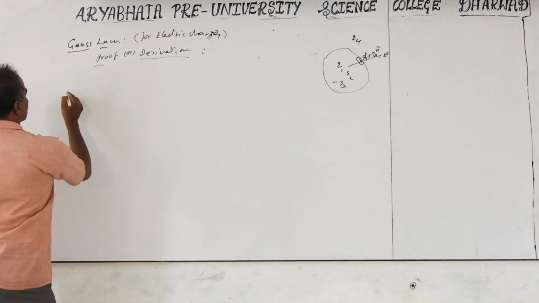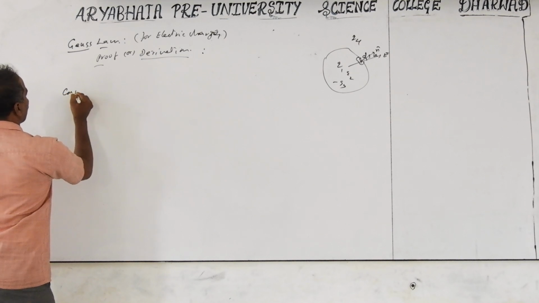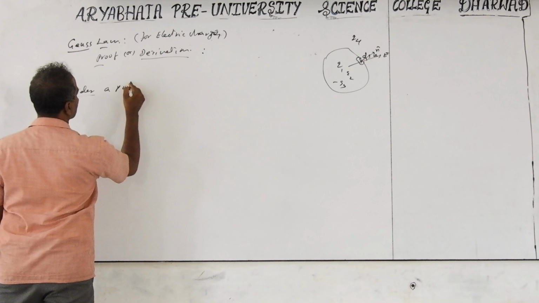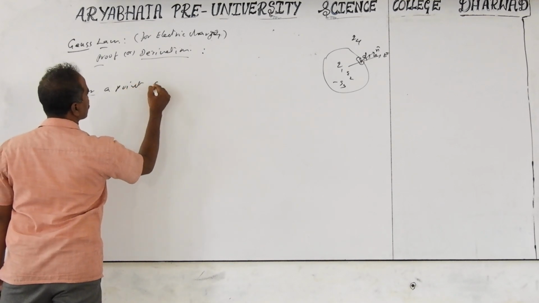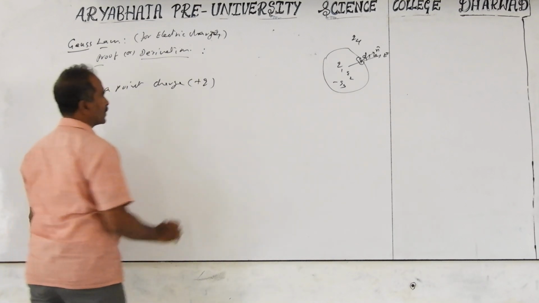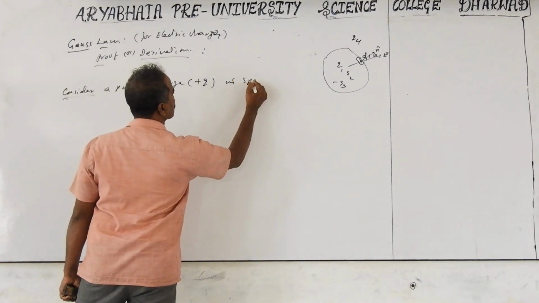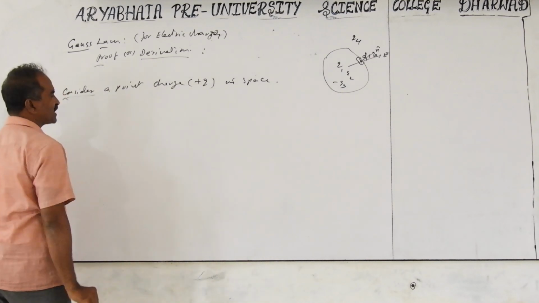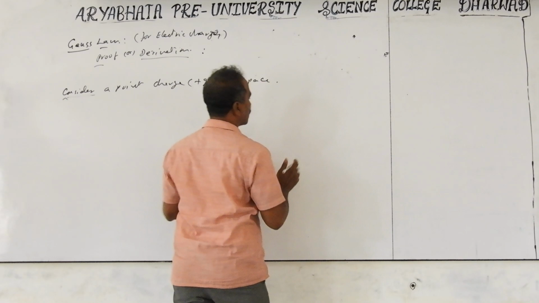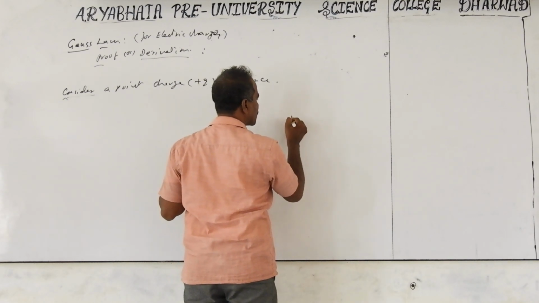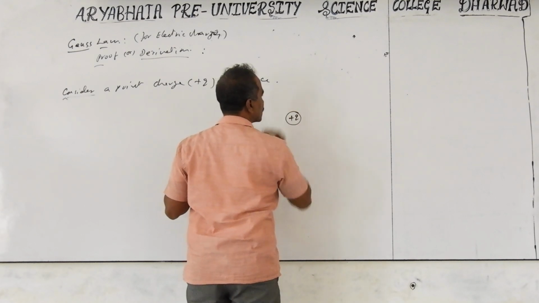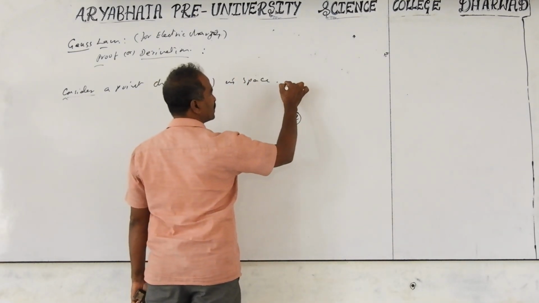You have to consider a point charge in space. Then we consider an imaginary sphere around it. The charge is isolated, no other charge is present, and I construct an imaginary sphere around it.